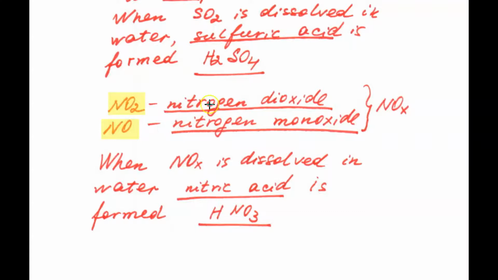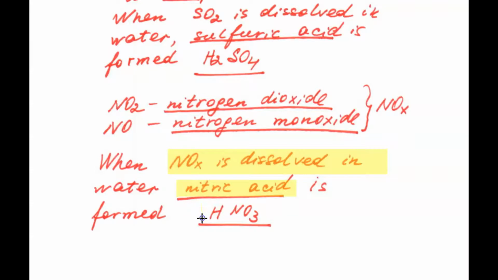So both nitrogen dioxide, NO2, and nitrogen monoxide, NO, together can be written like this, NOx. X indicates the number of oxygen atoms, which can be either 2 or 1, right? NOx, sometimes we say NOx. So when both these oxides, or we can say NOx, is dissolved in water, it will produce nitric acid.